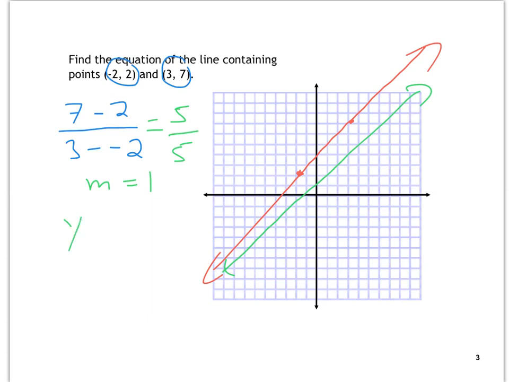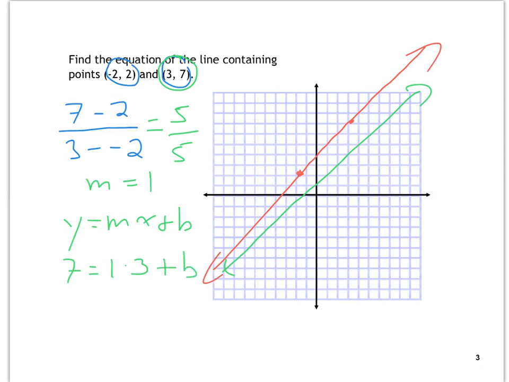I have y equals mx plus b. What I'm going to do is take one of my ordered pairs. Let's just take the 3, 7, and it really doesn't matter. I'm going to take my 7 and plug it in for the y. I'm going to take my slope, which was 1. My m is 1, and I take my x, which is 3, because the ordered pair is x, comma y, so I have 7 equals 1 times 3, my x is 3, plus b.